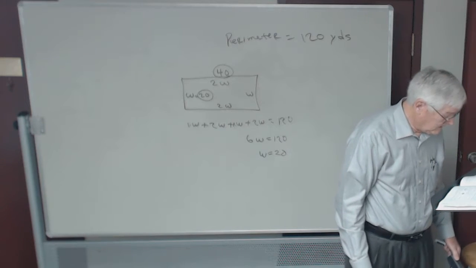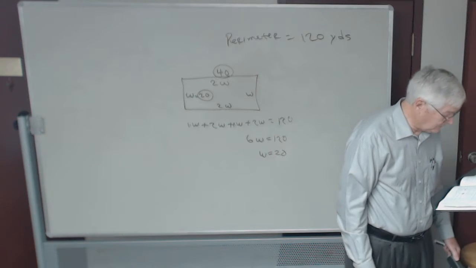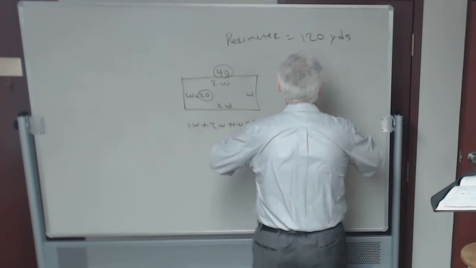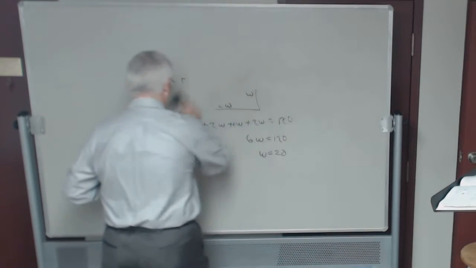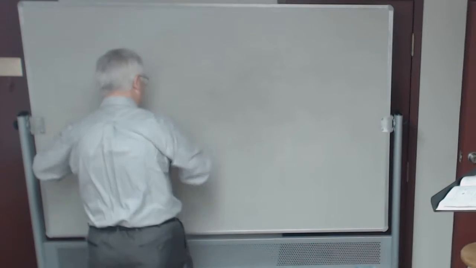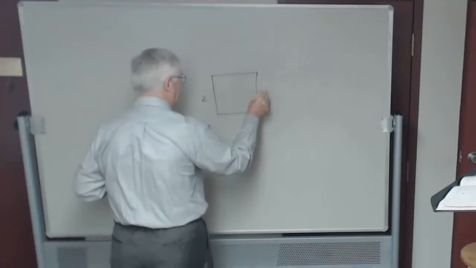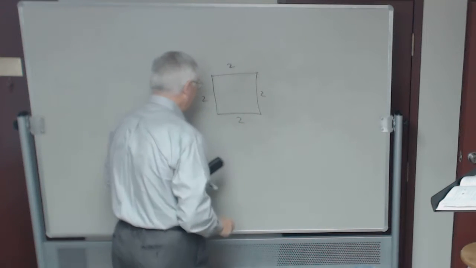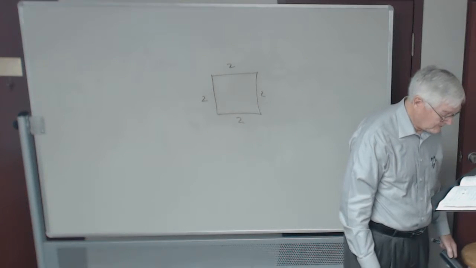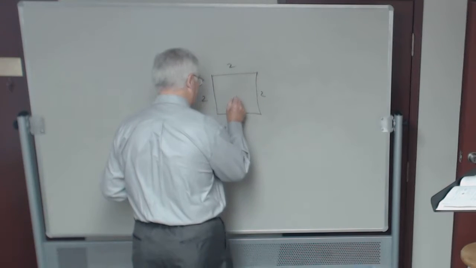Number 11. The center of a circle is also the center of a square of side 2. Okay. So now I have a square. And each side is 2. Agreed? What's it say next? The center is right there.